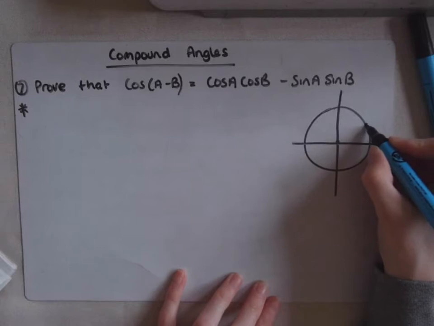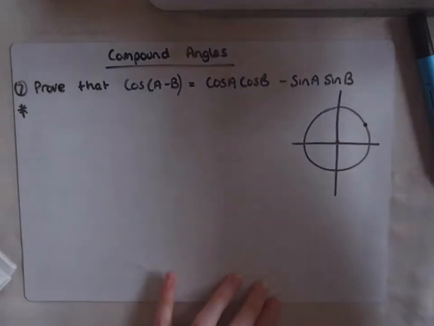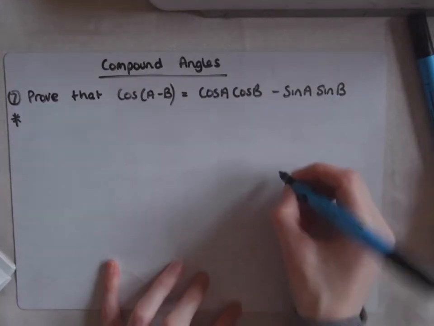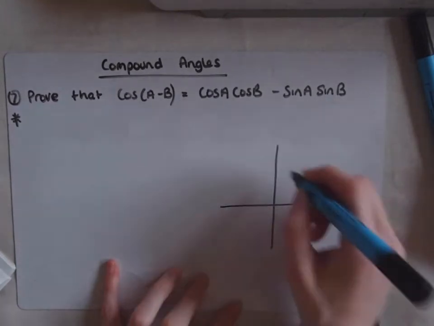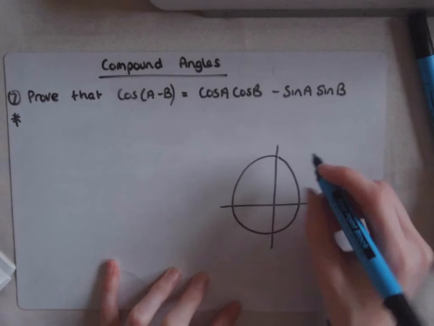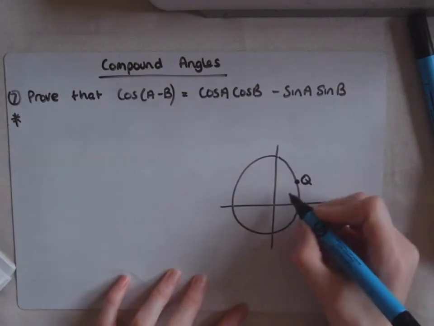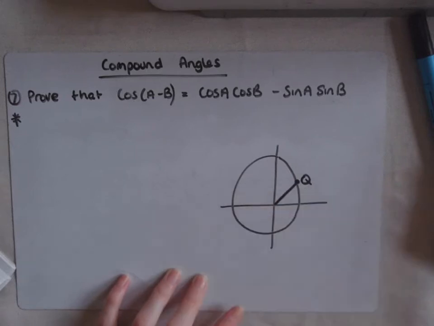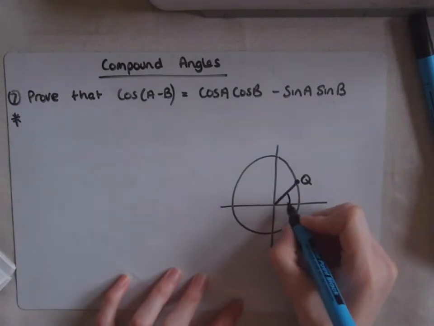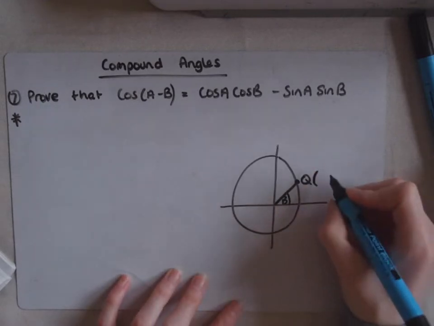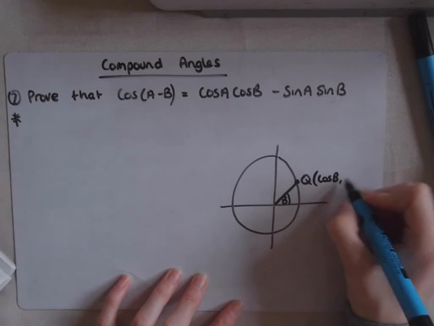This one here is Q. So to get Q, this angle here is B. So Q is the point cos B, sin B.